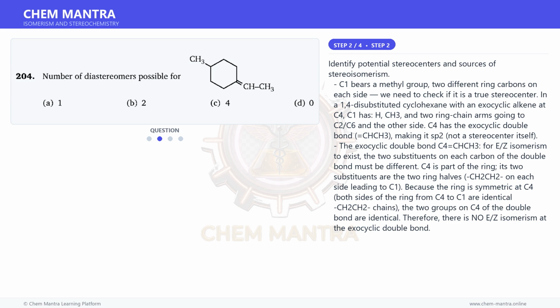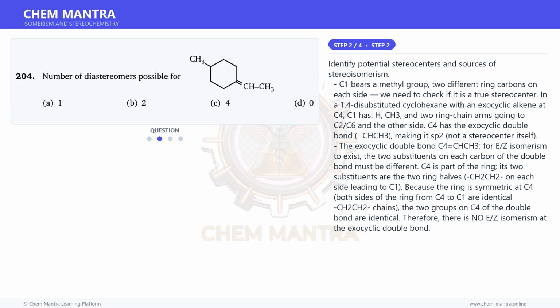The exocyclic double bond is C4=CH-CH3. For E/Z isomerism to exist, the 2 substituents on each carbon of the double bond must be different. C4 is part of the ring, its 2 substituents are the 2 ring halves, CH2-CH2 on each side leading to C1.